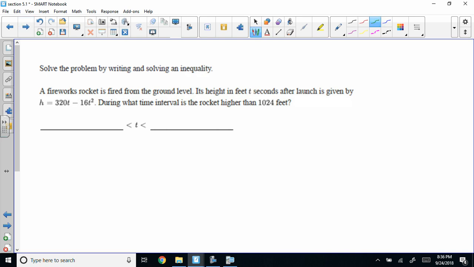So you want to see how long it takes to get there, right? That's an output, right? 1024 would be an output. That'd be like doing a horizontal line at that point, right? Do y'all agree?